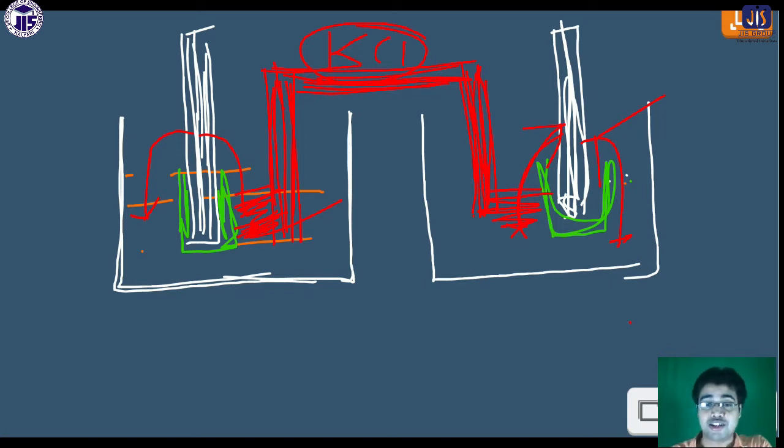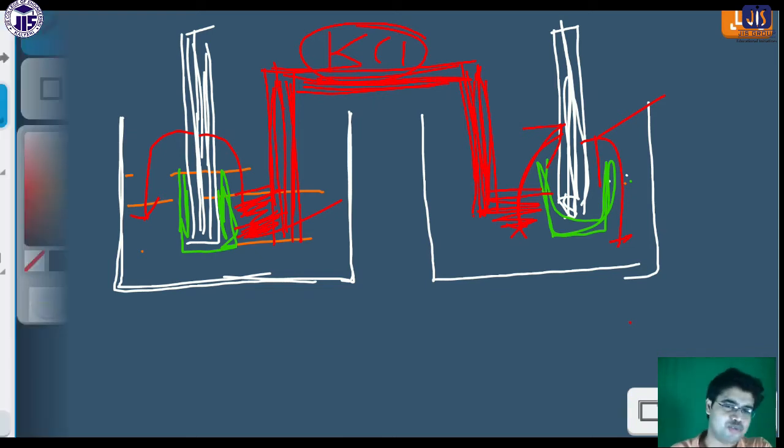The average velocity of K+ and Cl- is the same, so ionic mobility is more or less the same. That's why we use the KCl in the salt bridge in paste form with the agar-agar gel. The role of the salt bridge is to maintain the electrical neutrality between the two chambers, and ultimately we will get the continuous flow.